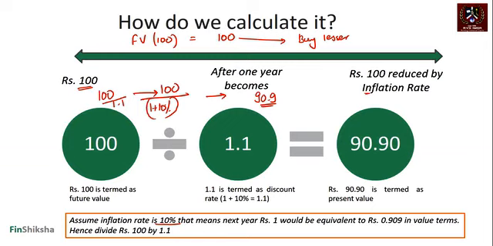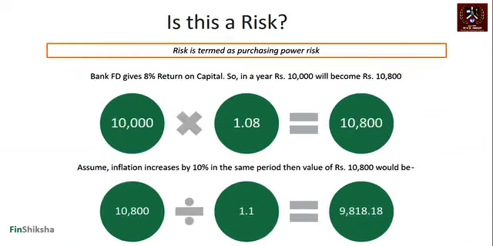What does that mean? If you're able to purchase something worth 100 today, next year, if you have 100 rupees, you will only get stuff worth 90.9 from that. And that is how inflation affects your money or holding capacity. Is this a risk? Yes, it's a risk in terms of the purchasing power.